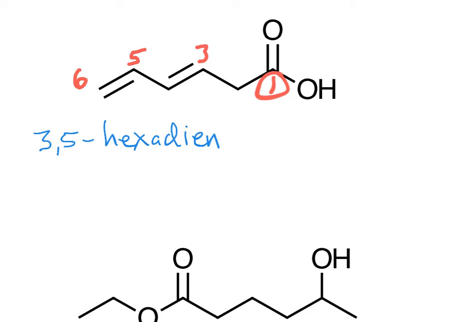And then I have the carboxylic acid, so it gets the oic, and then it's called acid. And this is one of the few names where there's a space in the name. So it's 3,5-hexadienoic acid.